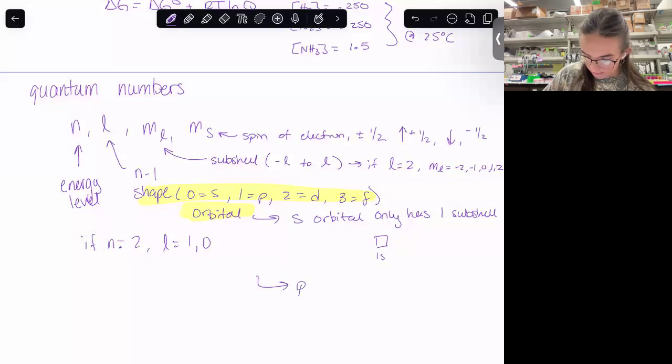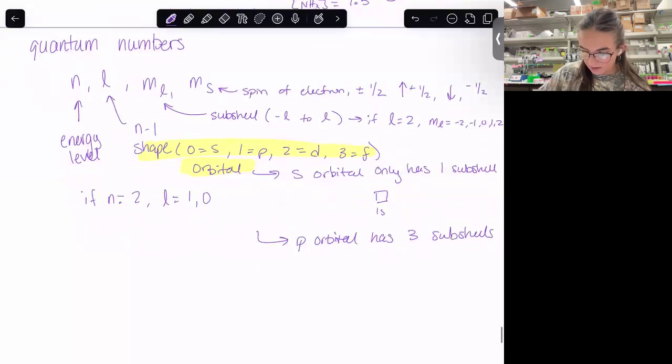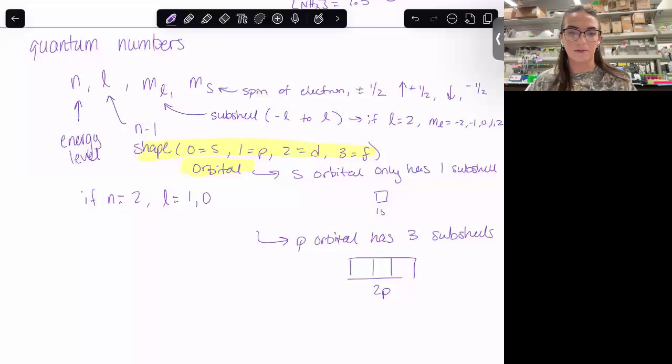Where your p orbital has 3 subshells, and that's why we draw 3 boxes, and this is your 2p. So in your s orbital, you have 1 subshell. In your p orbital, you have 3 subshells.